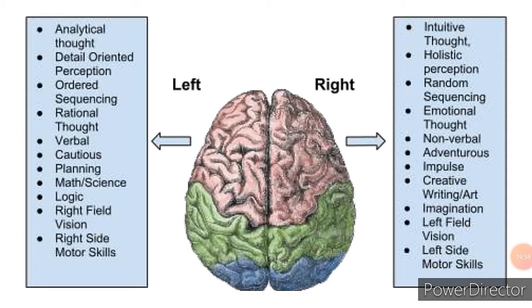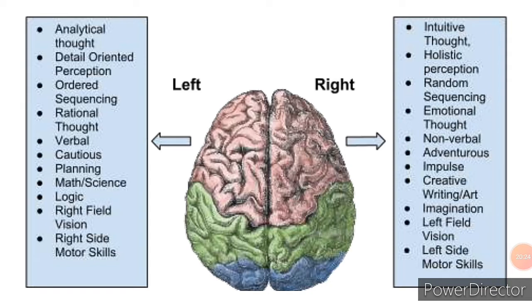You have rational thought, normal thought. You have verbal, you have to talk. You have caution. You have planning, and then you have math and science ability, and then you have logic, ability to think properly and come up with solutions to puzzles, and then you have right field vision, and then you have motor skill.